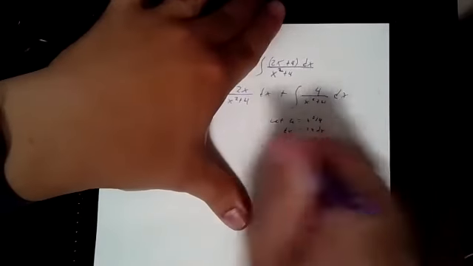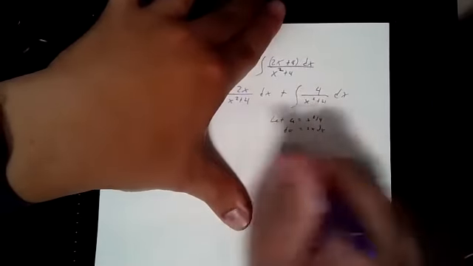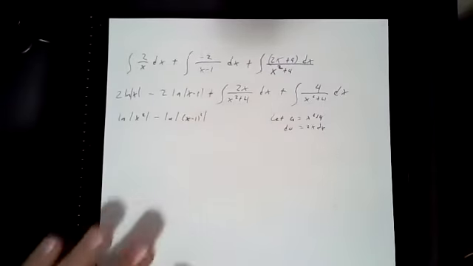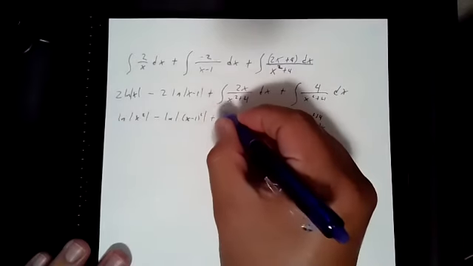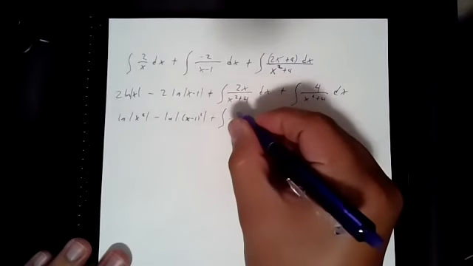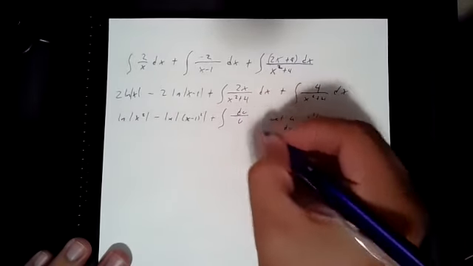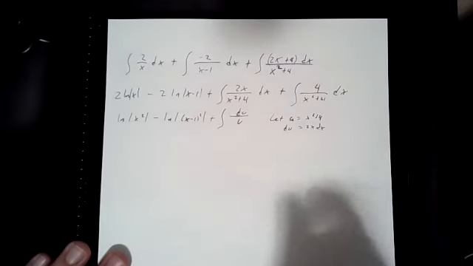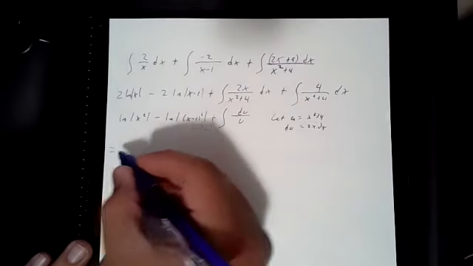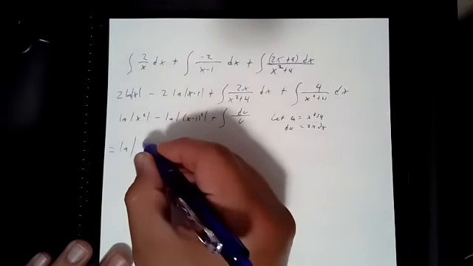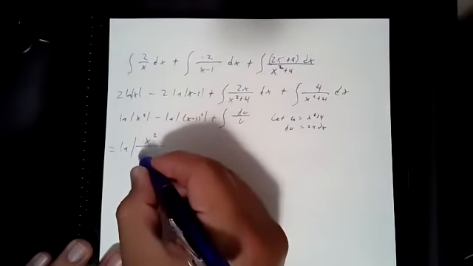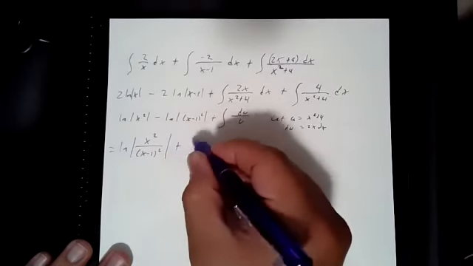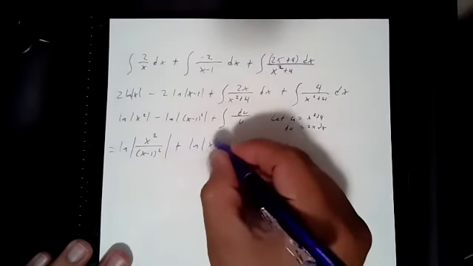Perfect. So this will be the integral of du over u. And that one's still there. This will combine into x squared over x minus 1 squared. This will be ln of u, which is really x squared plus 4.